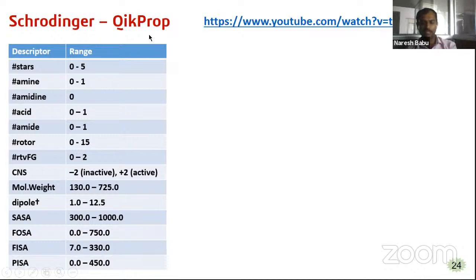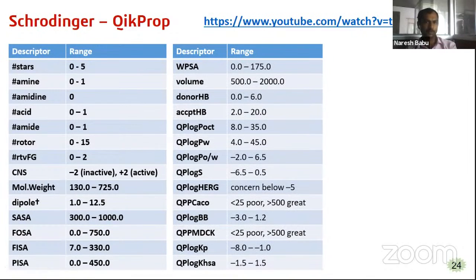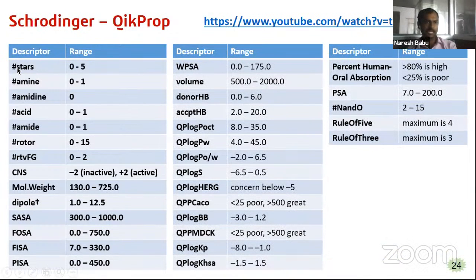Here I have given the descriptors that we are going to estimate in QikProp in Schrodinger. The stars are representing the following: different parameters are taken, and based on how many of these parameters are obeyed, they give the range from 0 to 5.